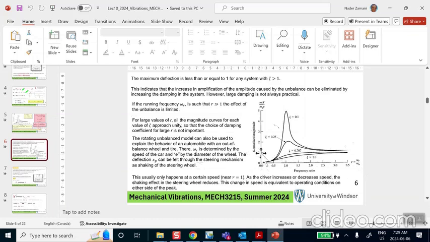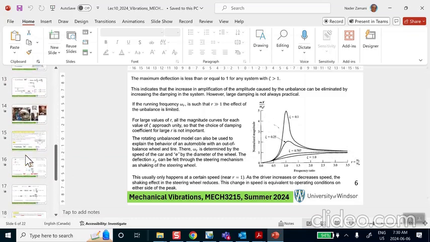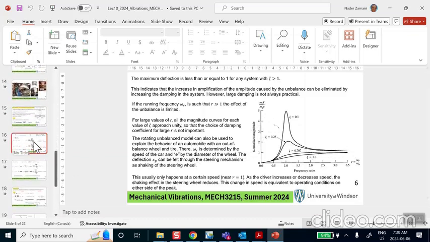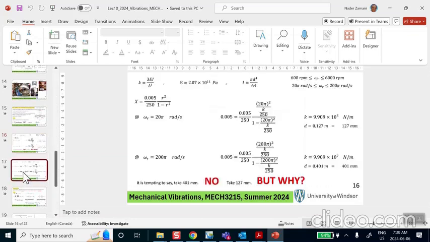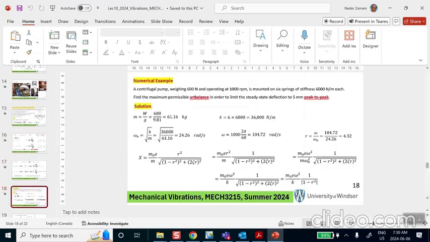You can see that because this is essentially the maximum deflection normalized. At higher speeds, irrespective of what damping is, that maximum deflection doesn't change that much. So you may want to think about why that came out to be the answer that we didn't expect. But that's fine. All right, so let's do our last example.